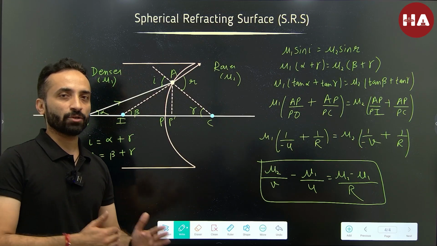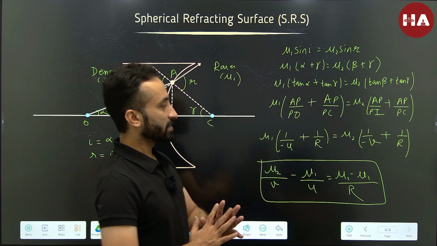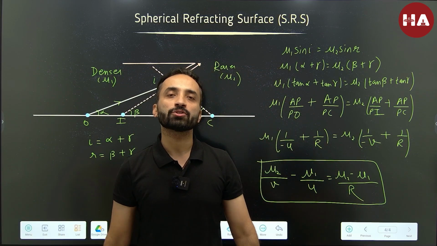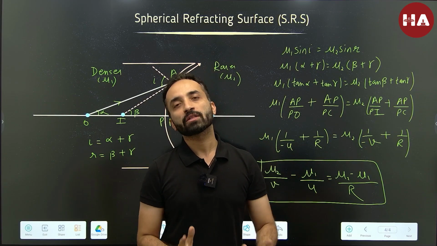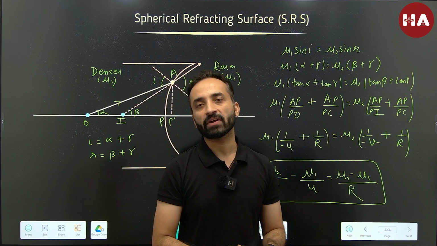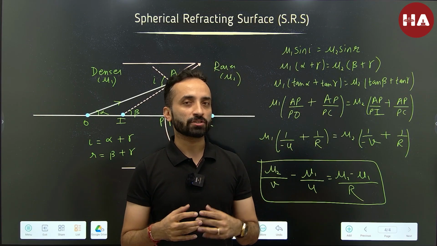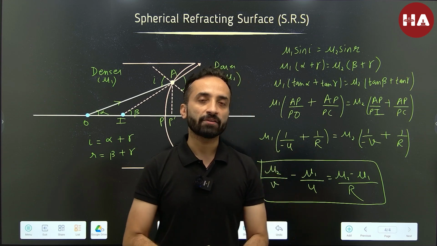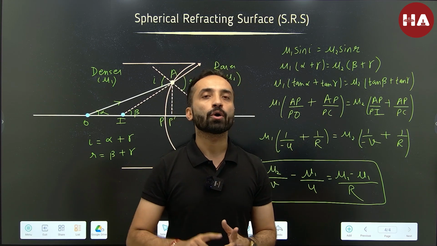I will move aside, you copy this down, and that is all. So, what I have done in today's class is give you the derivation of all the 4 possibilities of SRS. I am not discussing magnification like transverse and longitudinal in this one. This was precisely so that you can understand the derivation for all 4 possibilities for your board exams.